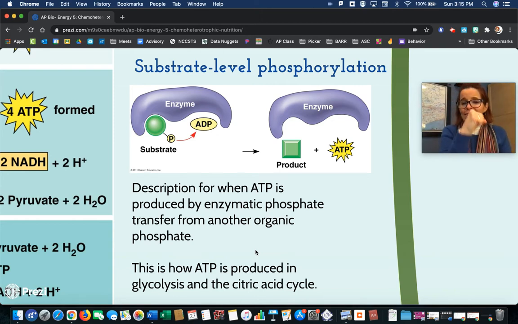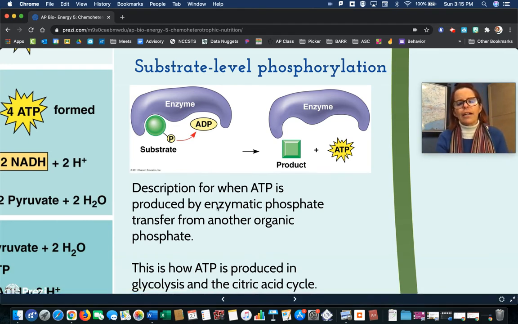Okay, so the substrate in this circumstance has a phosphate attached to it, and then the enzyme attaches the phosphate to the ADP to make ATP. That's called substrate level phosphorylation. It is different than oxidative phosphorylation because there is no electron transport chain. Now, right now, those are words that are going over your head because you're like, I don't know what the heck an electron transport chain is. Just trust me that they're different, and it'll start to make sense as we go on.